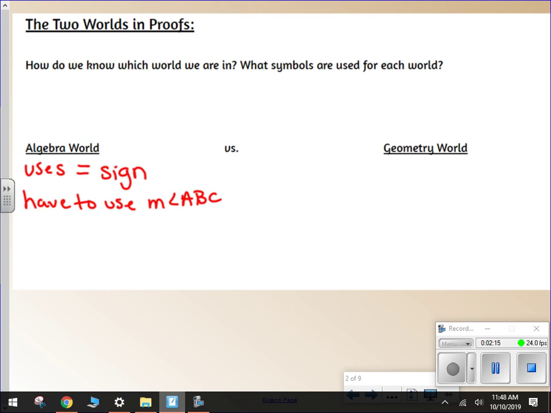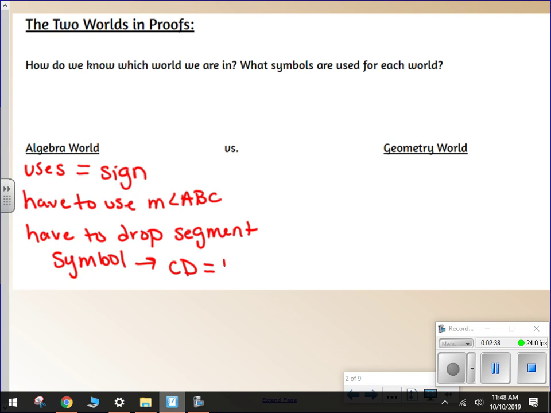And when I do segments, I have to drop the segment symbol on top. So for instance, I would have CD equals BC, no line on top.